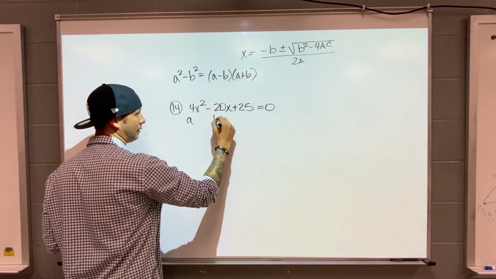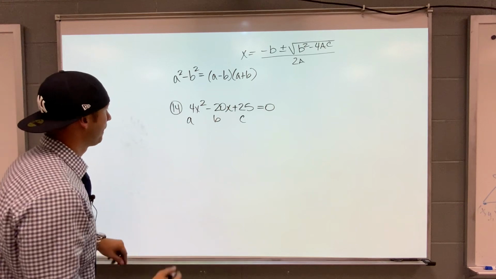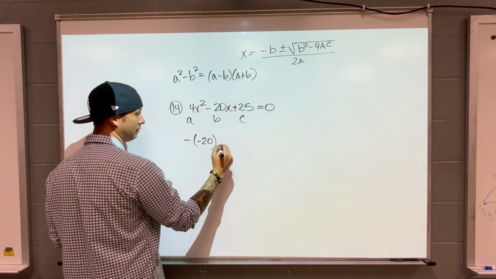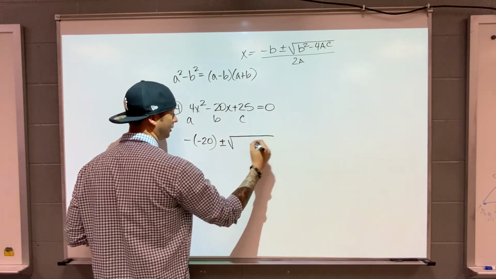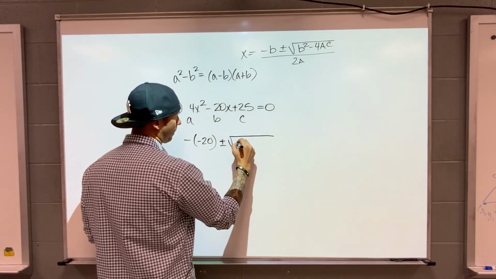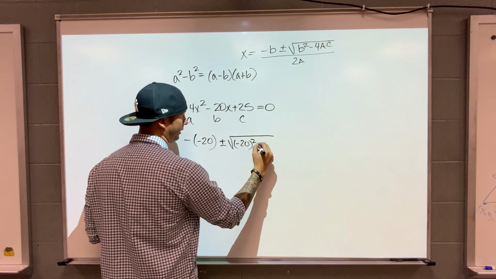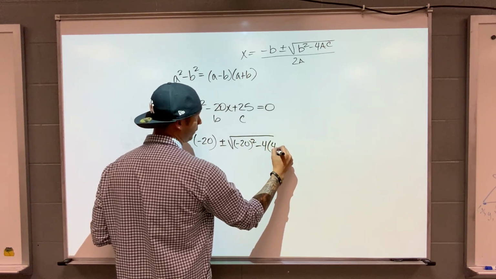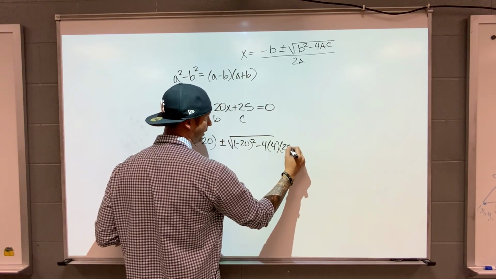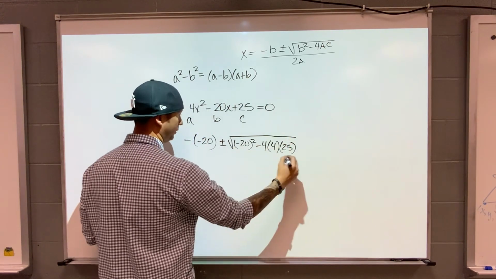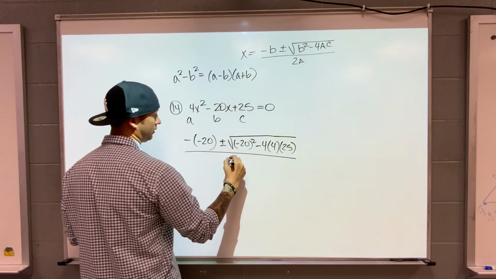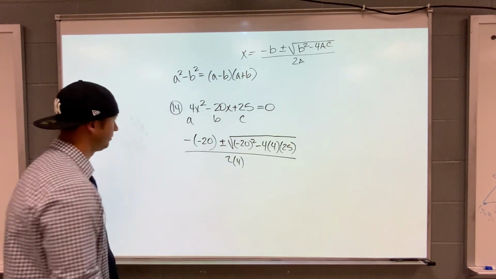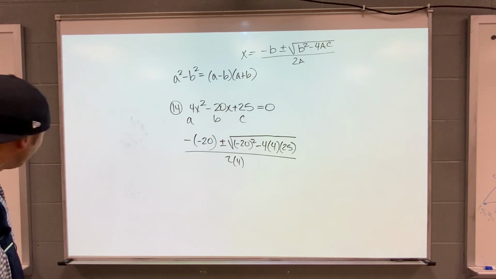So A, B, C. So negative, negative 20 plus or minus the square root of negative 20 squared minus 4 times A, which is 4, times C, which is 25, all over 2 times 4. I feel like we've seen this before.